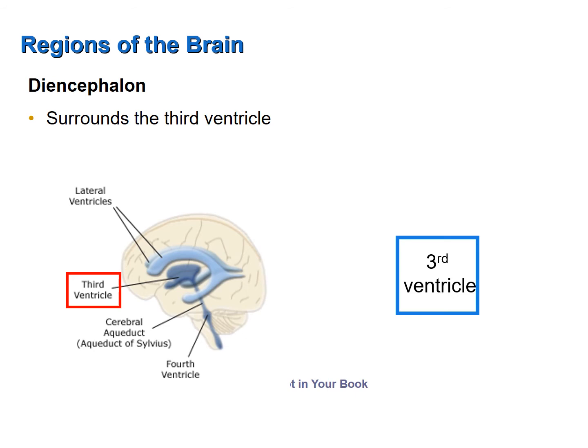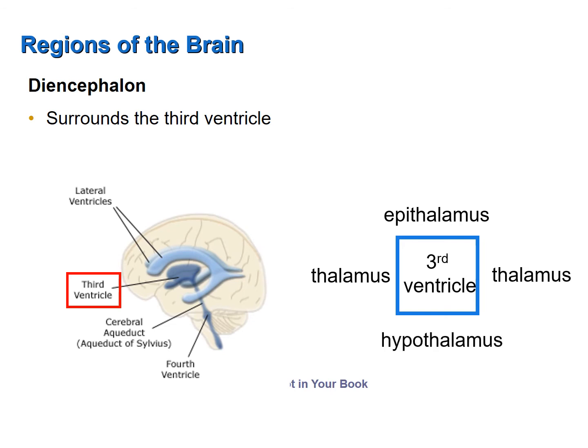So if the third ventricle was a box or a room, the epithalamus would be the ceiling. The thalamus would be the lateral walls, if you will, of that room, and the floor would be the hypothalamus.